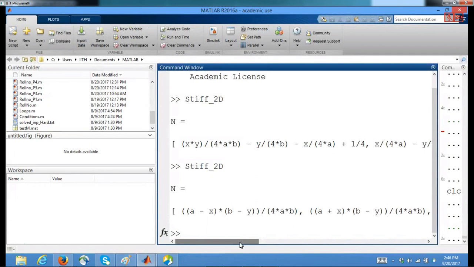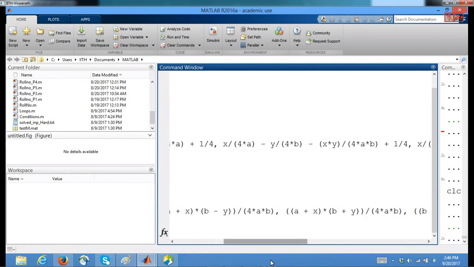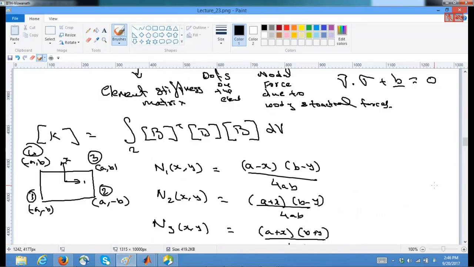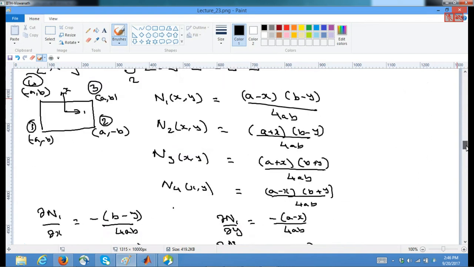So as we simplified it, that is the same shape functions a minus x b minus y, a plus x b minus y, a plus x b plus y, and b plus y and a minus x, which is the same thing as we have written here. These are our shape functions, right?